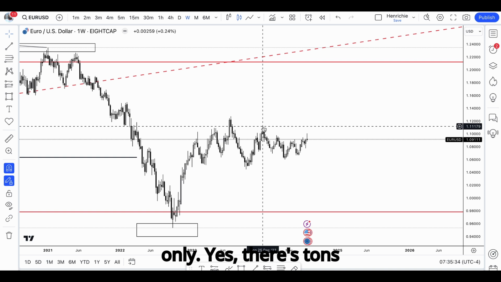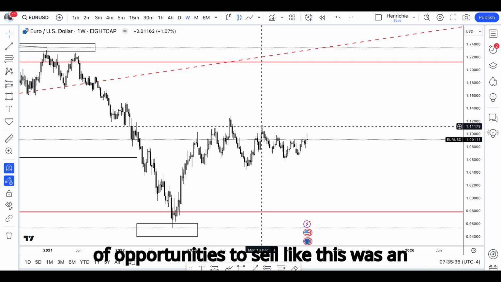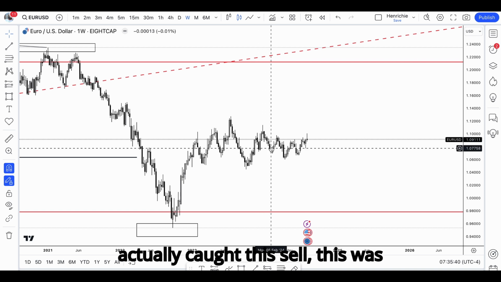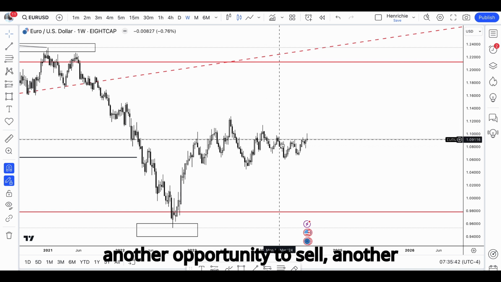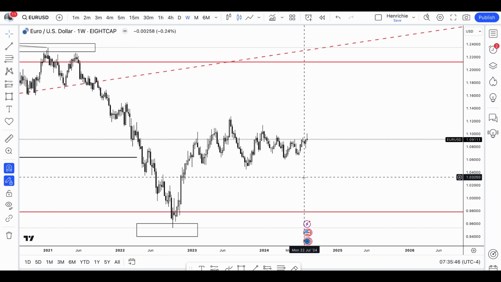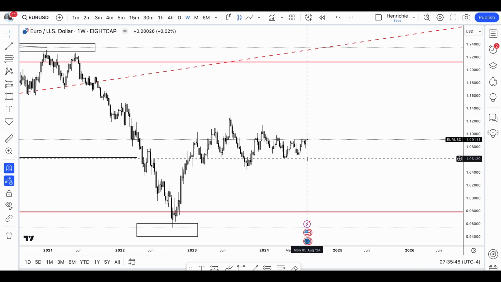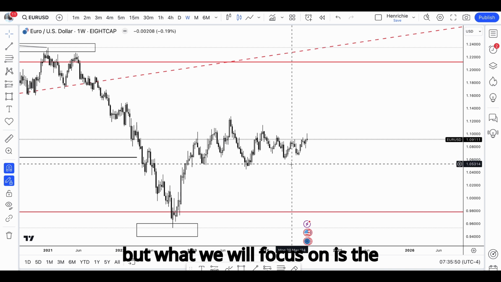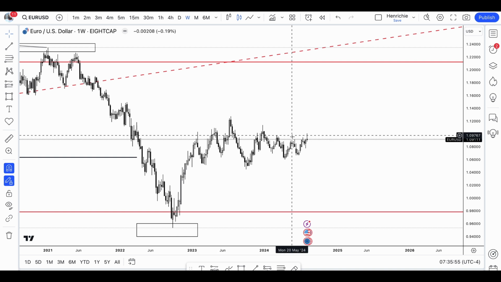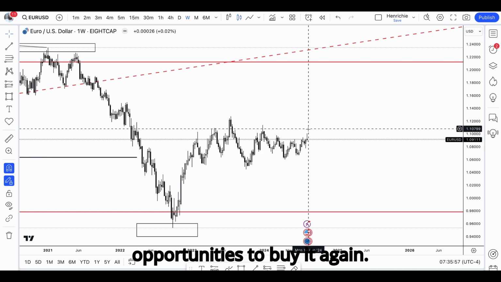Yes, there's tons of opportunity to sell. Like this was an incredible opportunity to sell. I actually caught this sell. This was another opportunity to sell, another opportunity to sell. But what we will focus on is the opportunities to buy. Opportunities to buy it again.